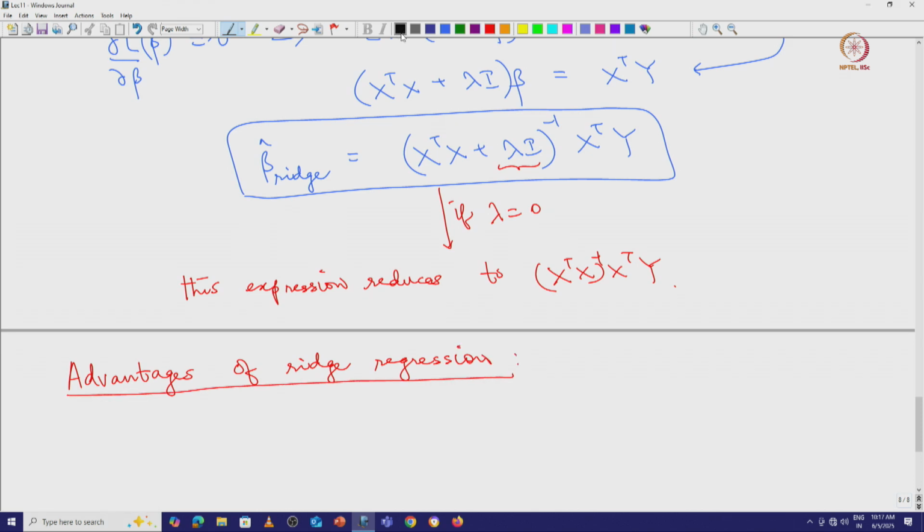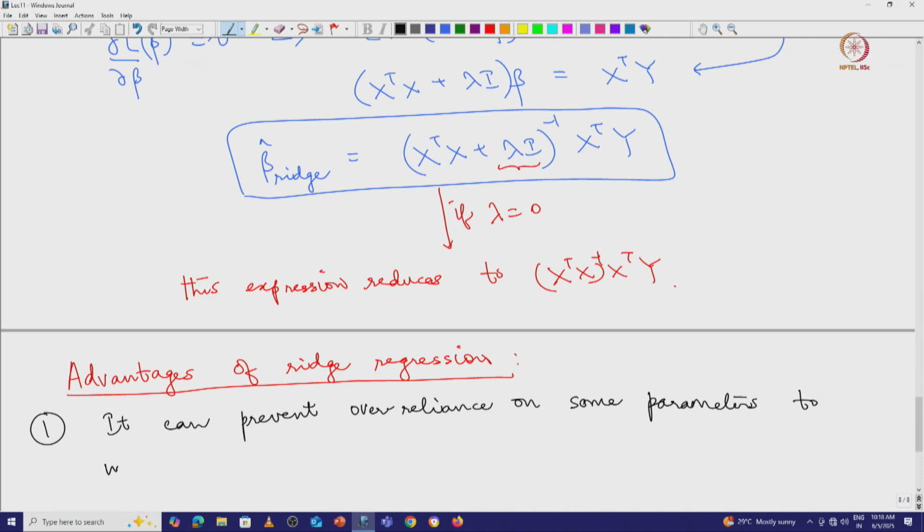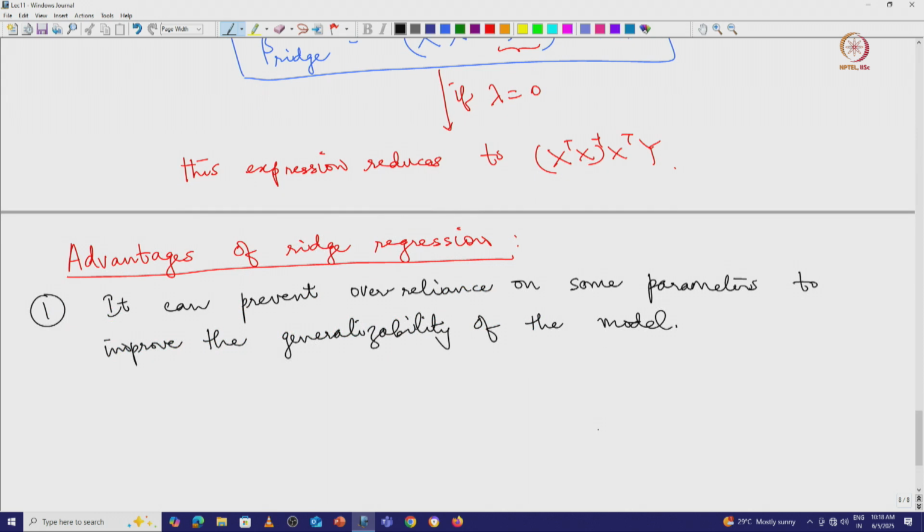One advantage obviously is it can prevent overfitting or over reliance on some parameters, to improve the generalizability of the model.